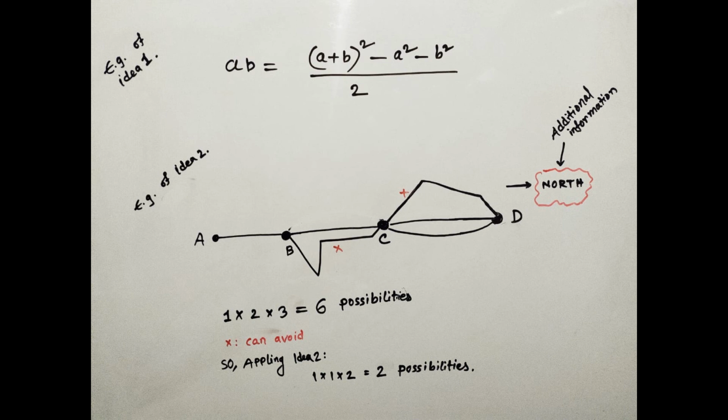So your searching or factoring will be transformed. Here, D is located in the north. It is the additional information. Additional information is very important to solve the NP problem in polynomial time.